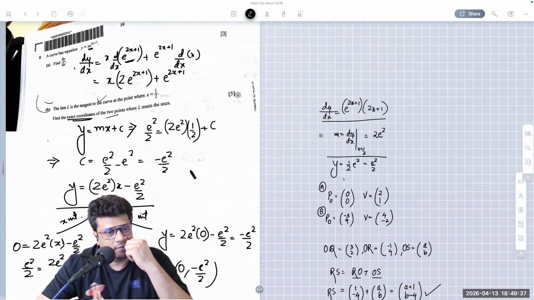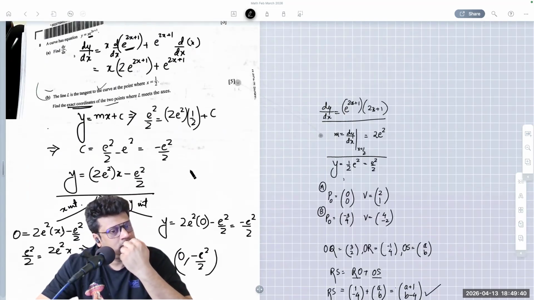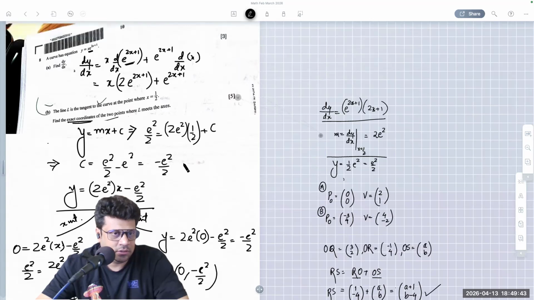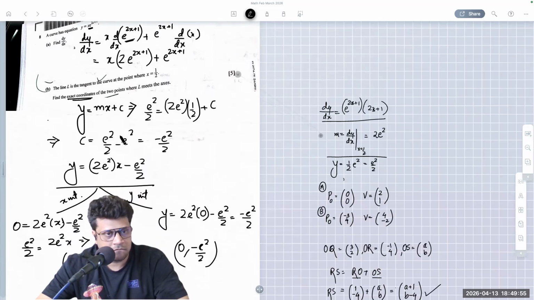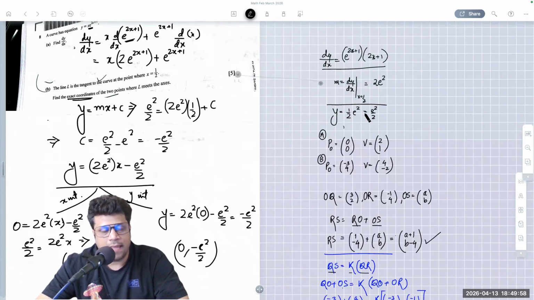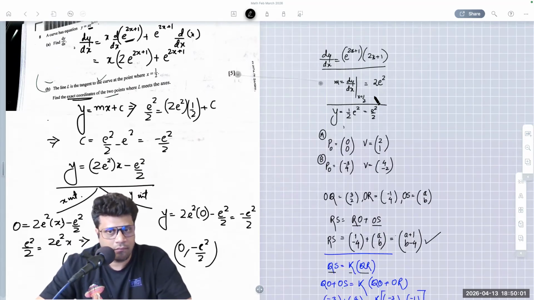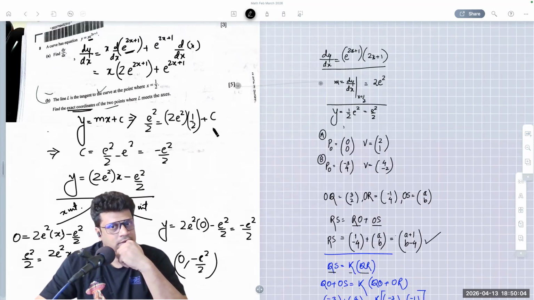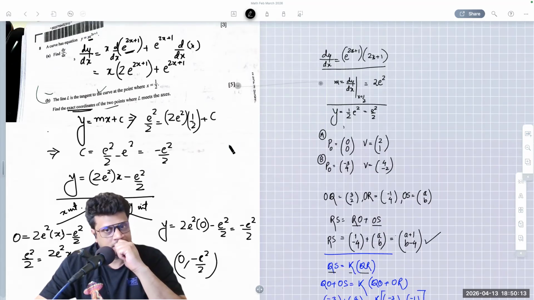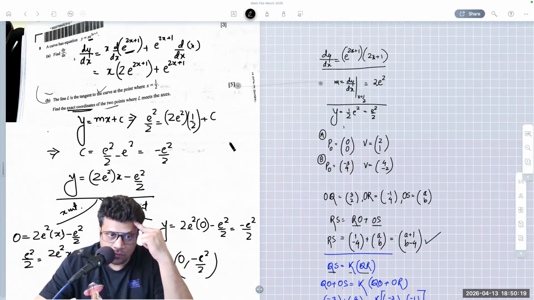Okay, this was that. Even this one was a good one. M comes out to be 2e square. Y is e square by 2.